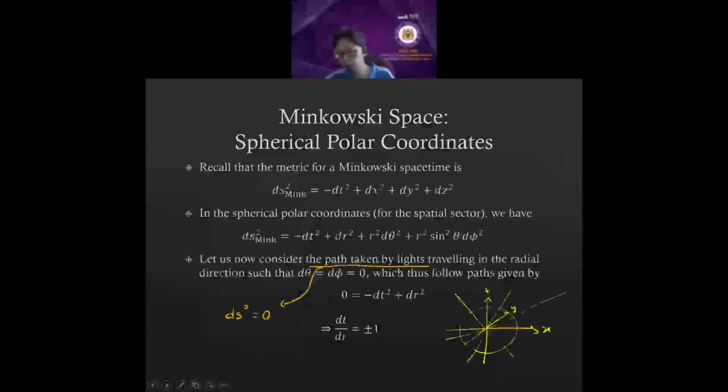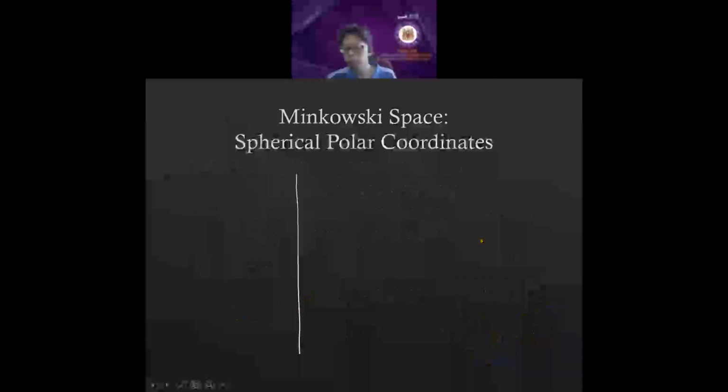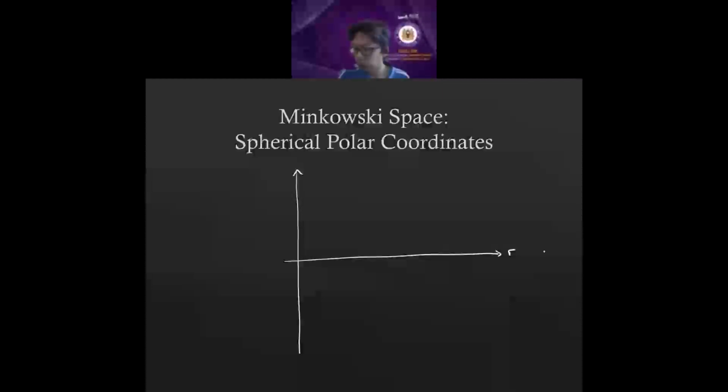Because there is only change in the r coordinate, we need not concern ourselves with the theta and phi directions. So in our space-time diagram, we are going to focus on the evolution of the position, the coordinate r, of the light as time increases.